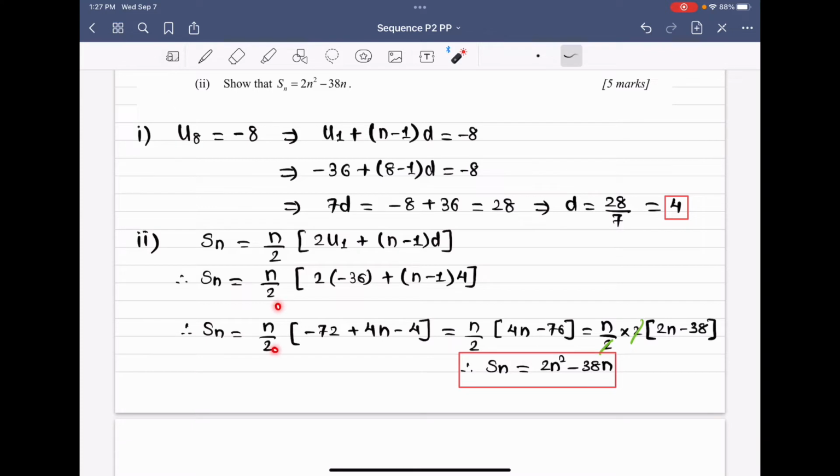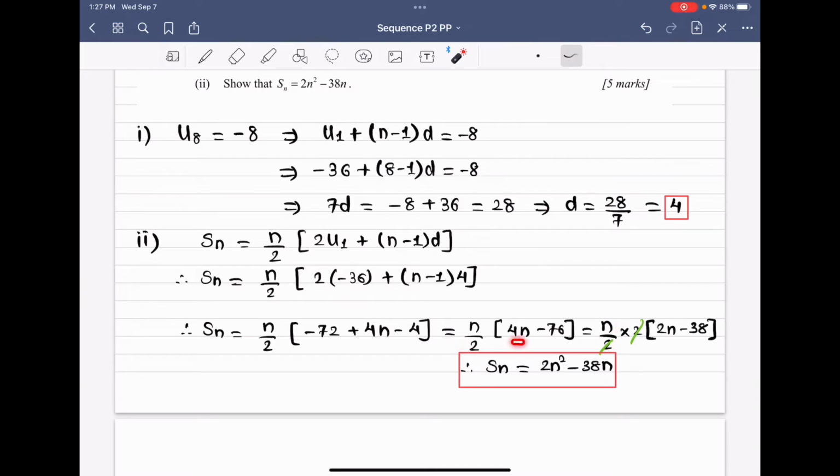N over 2 as it is. 2 times negative 36 is negative 72. 4 times n minus 4 times 1 is 4n minus 4. N over 2 as it is, 4n as it is, negative 72 minus 4 is negative 76. You can see from 4n and 76 you can take 2 common. So n over 2 as it is.